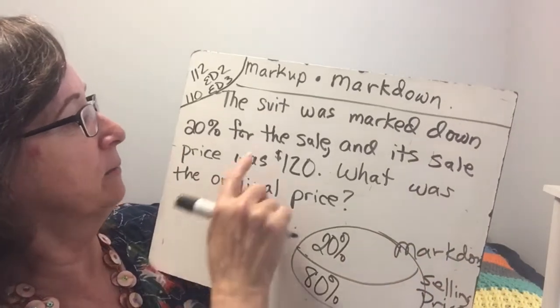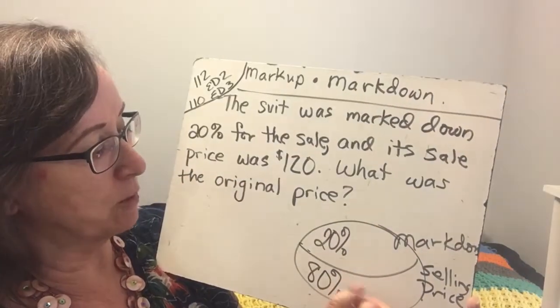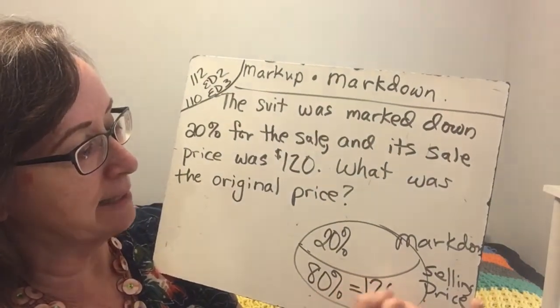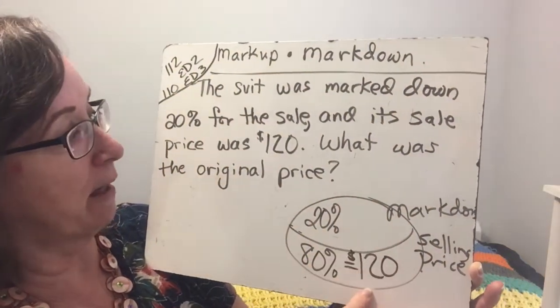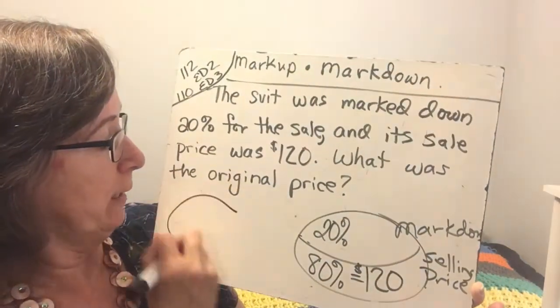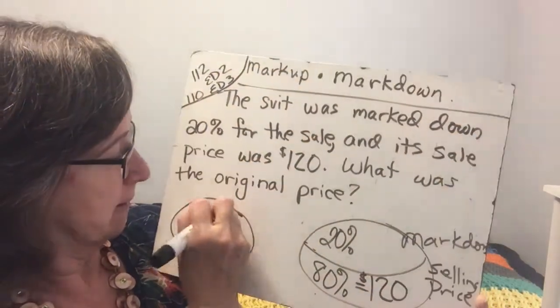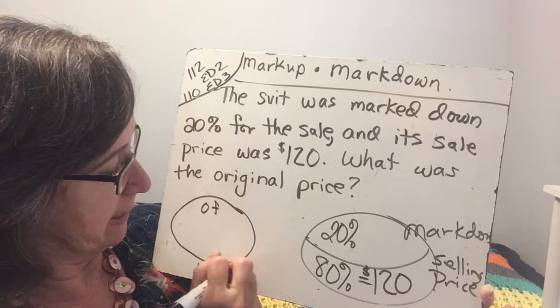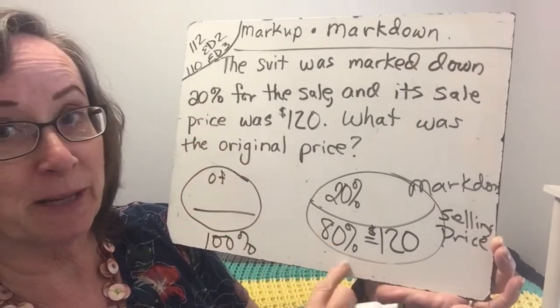All right, so it was marked down 20% and its sale price was $120. So they tell us that $120 was the sale price. What we don't know is what was the original price here. So we're going to say of what? We do have enough information to find out, though.